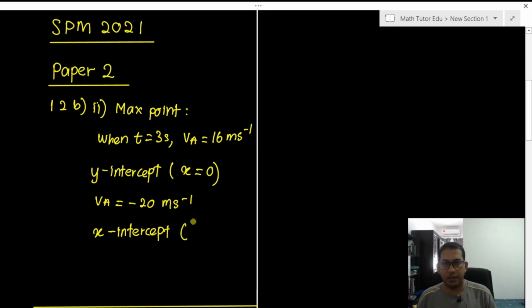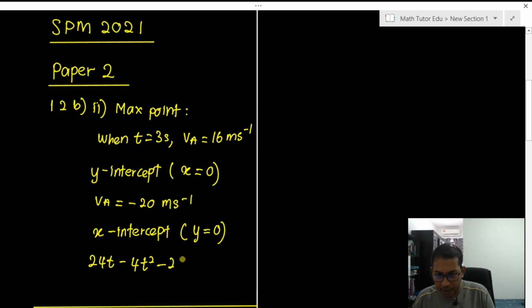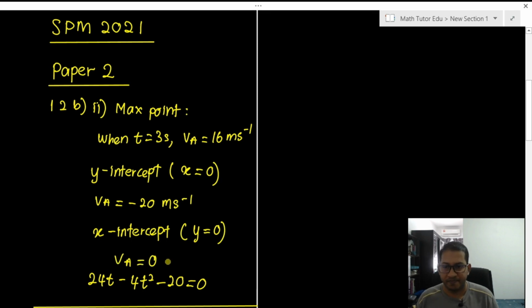For the x-intercept, you need to set velocity equal to 0. So from here you set the equation of velocity of particle A: 24t minus 4t square minus 20 equals 0. So let us continue our working.